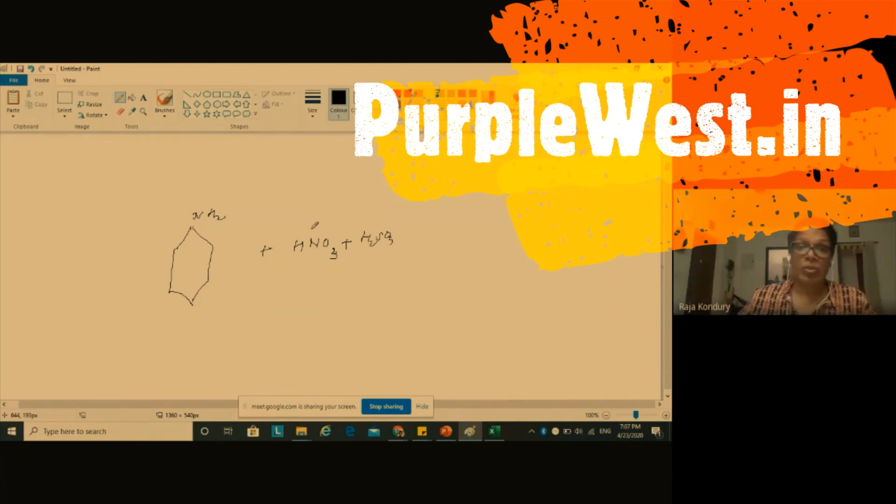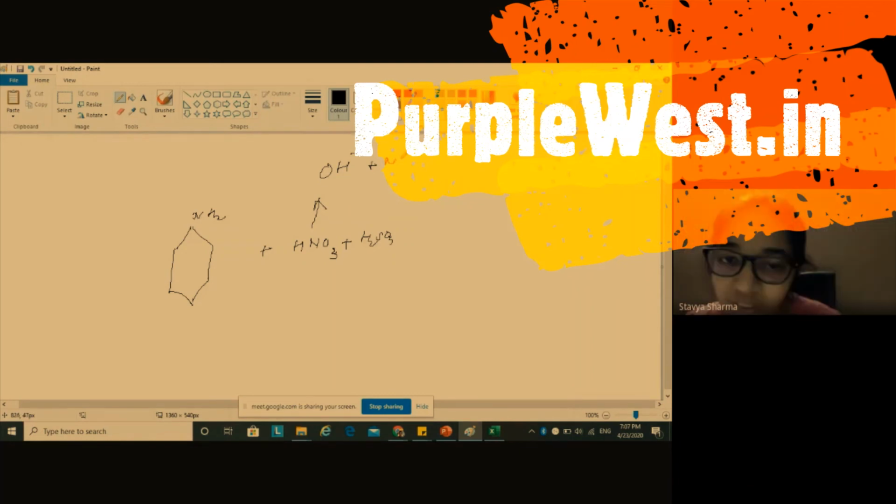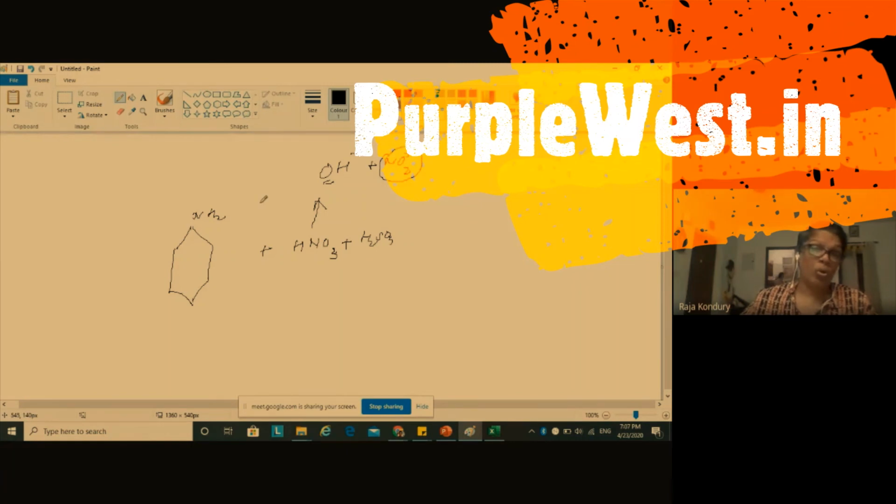Nitration is happening. So this actually breaks into OH minus and NO2 plus. NO2 becomes plus. The oxygen is more electronegative, so it keeps the electron and makes NO2 positive. Now, where would this NO2 plus go on this benzene ring? All right, this is the attacking group, known to you now.